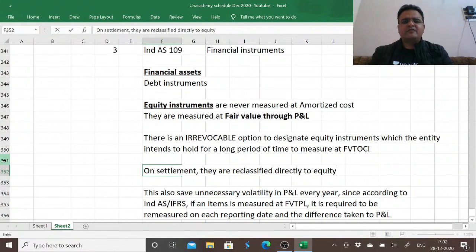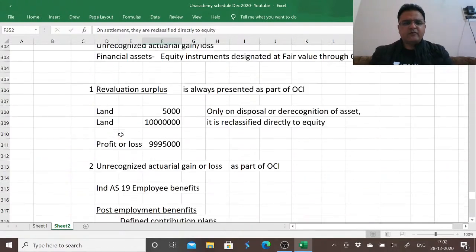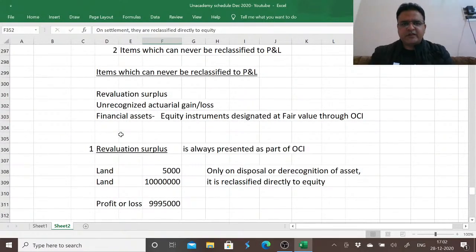On settlement also they are reclassified directly to equity. They are never routed through P&L. This is the third item under OCI which is never reclassified to P&L. So we have covered the items which can never be reclassified to P&L.